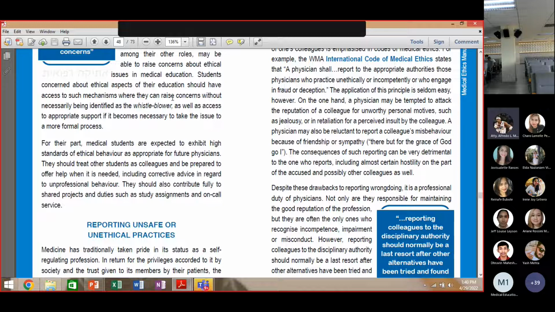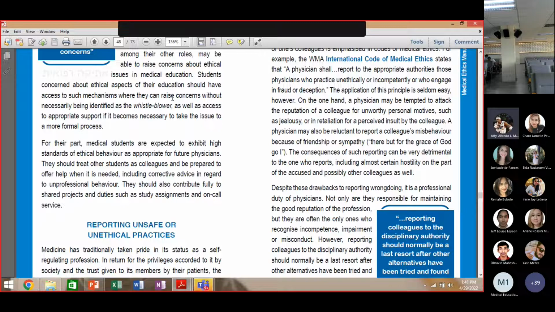Okay? So, as students, class, medical students, teachers should treat you, so you are still students, as partners. Okay? So, not a partner like a colleague, but partner to make the lives of the patients better, to raise the dignity of the medical profession.